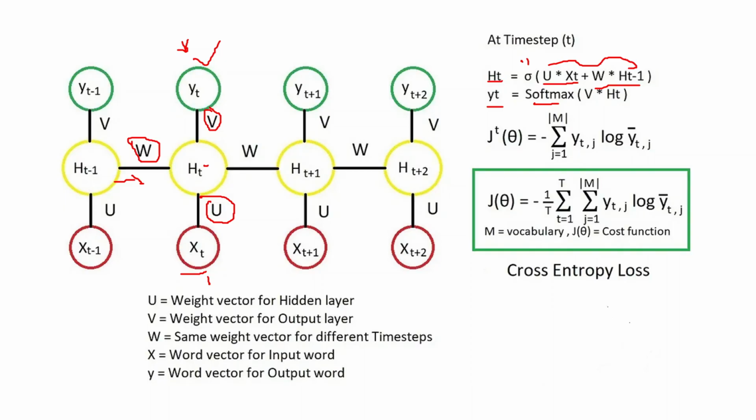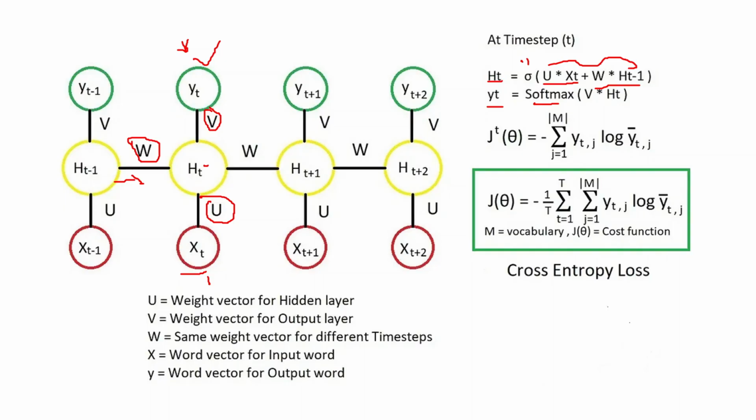I take the value of what has been predicted and the actual value. By computing the cross entropy loss, I'll be able to determine how well my model is able to work for a sequence of data.